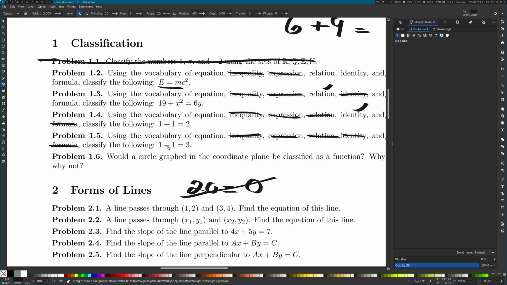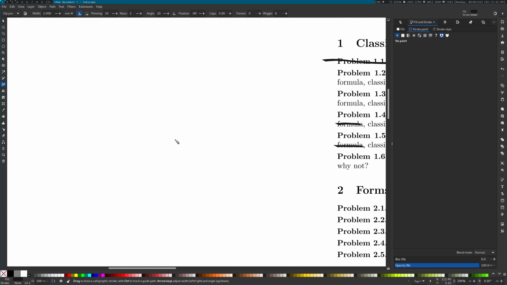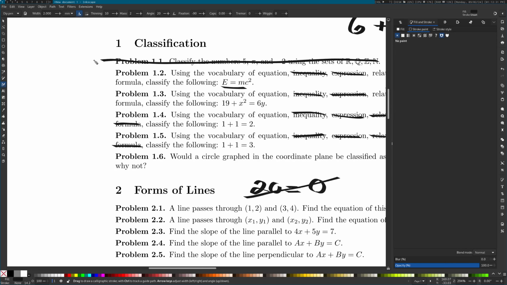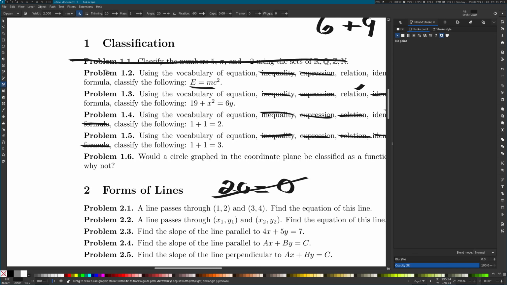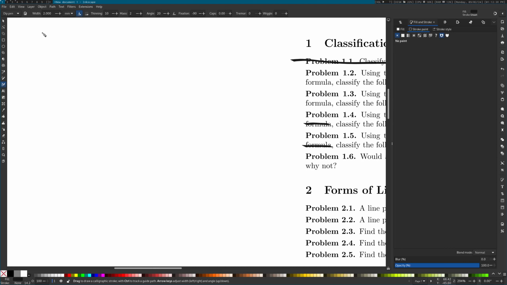Can you give me an example of a relation and an identity? Hold up, that's a good question. Can you give me an example of a relation and an identity? Okay.